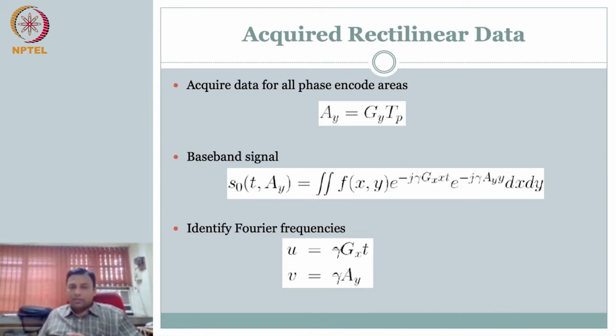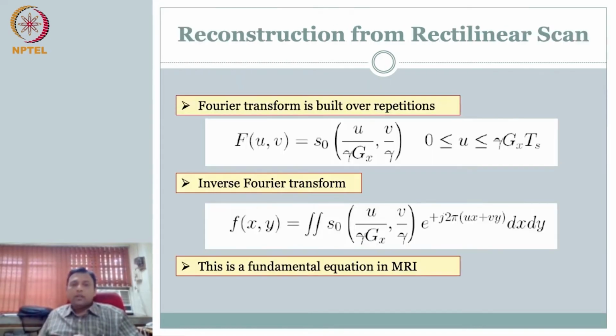Once you have this, f of u comma v is nothing but S0 of u comma v. So you're reorganizing the data so that you recognize what you have in this form is nothing but f of u comma v. Once you have that, take the inverse Fourier transform. This is the fundamental equation in MRI for rectilinear scanning.